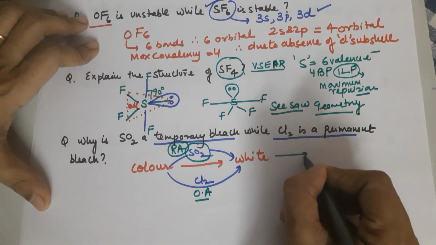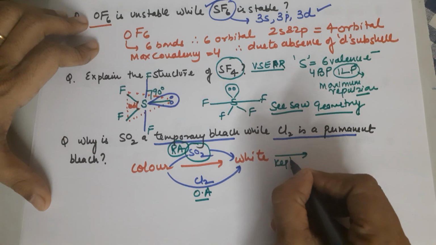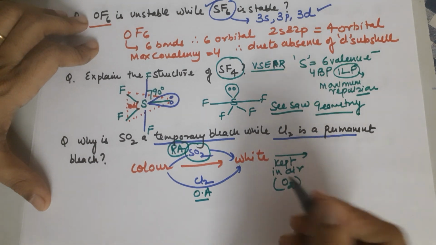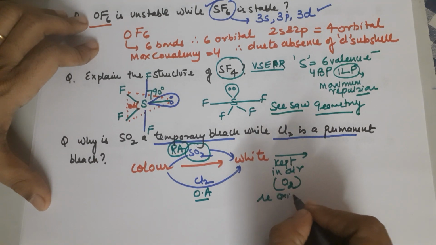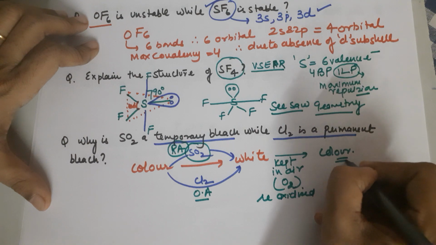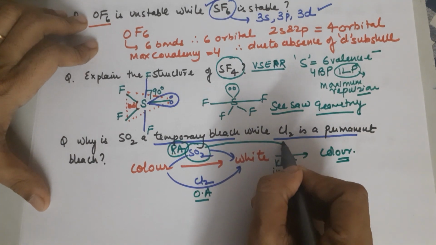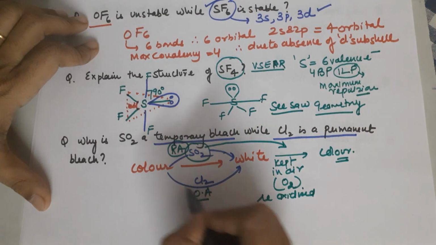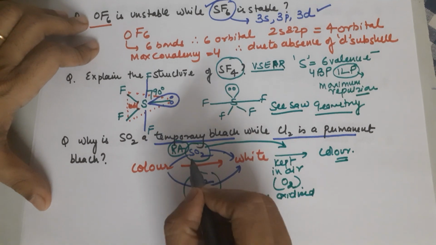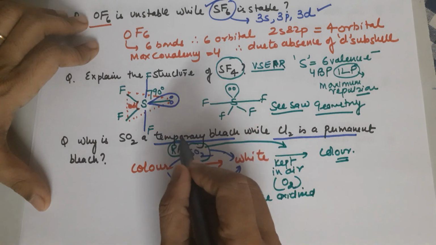Now, this white fabric, if kept in air, that is in the presence of oxygen, can be re-oxidized to give you color, but this would only happen with SO2, because with chlorine it is white due to oxidation, whereas with SO2 it is white due to reduction.